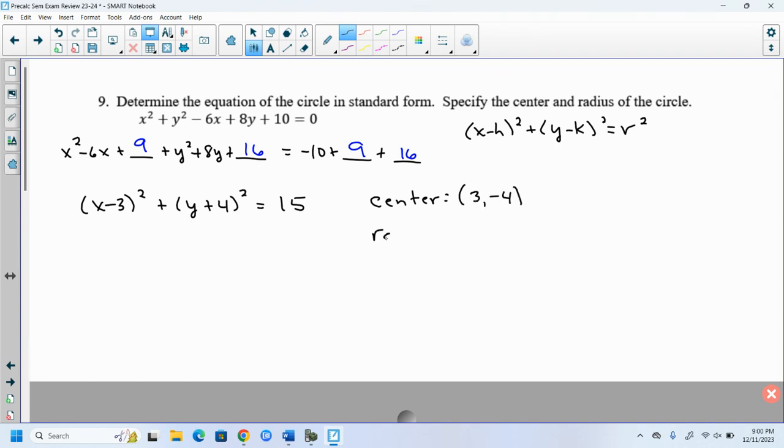Radius will be the square root of this number, square root of 15. We don't know the square root of 15, so you can leave that. That is fine. Center, 3, negative 4. Radius, square root of 15.